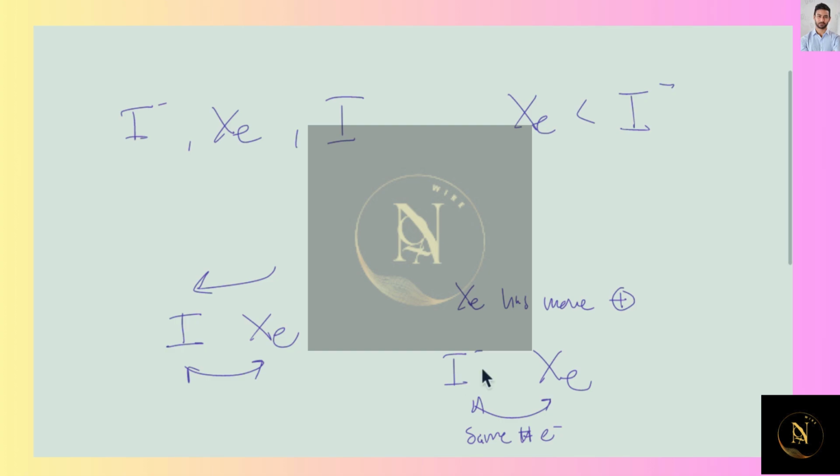So that would mean that even neutral iodine is bigger than xenon. And then, of course, I minus should be bigger than iodine. So if we want to talk about decreasing order, we should say I minus, then iodine, and then xenon. This is the order that we want.